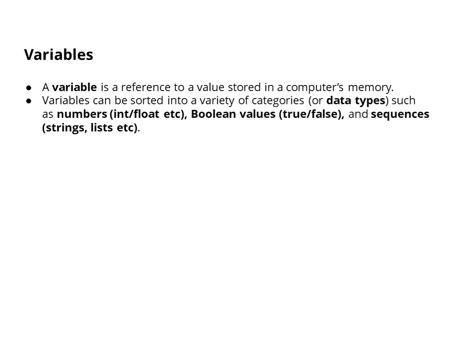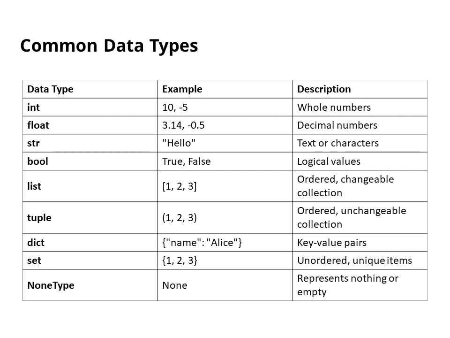So we have various data types when we are talking in terms of variables. Your data type can be integer, float, boolean, sequence, and many other types. Some of the most common ones are the integer, the float, the string, the boolean, the list, the tuple, the dictionary, the set, and the None type.